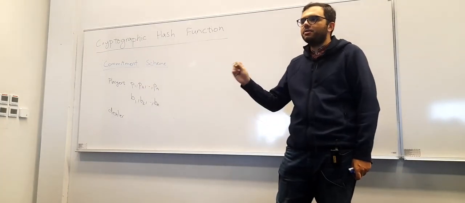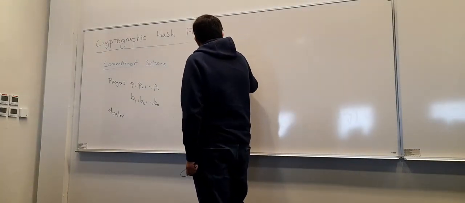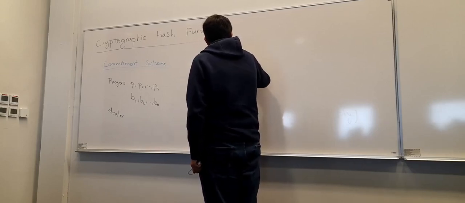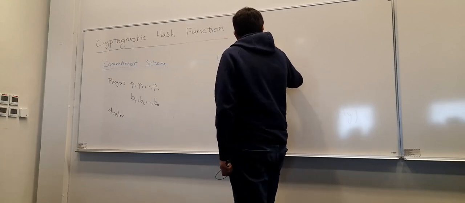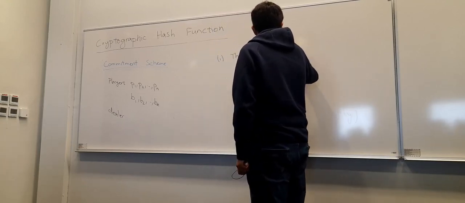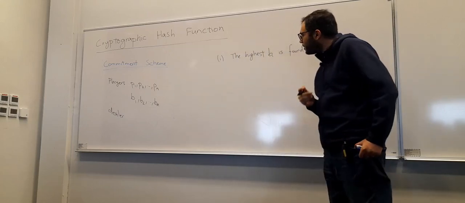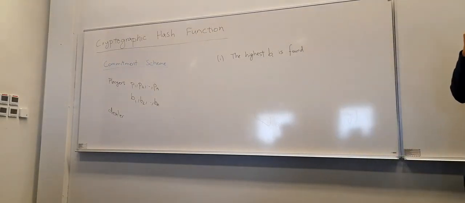Because that's the person who wins the auction and gets the item. So my first item here is that I want to make sure the highest bid, Bi, is found. Okay, simple.